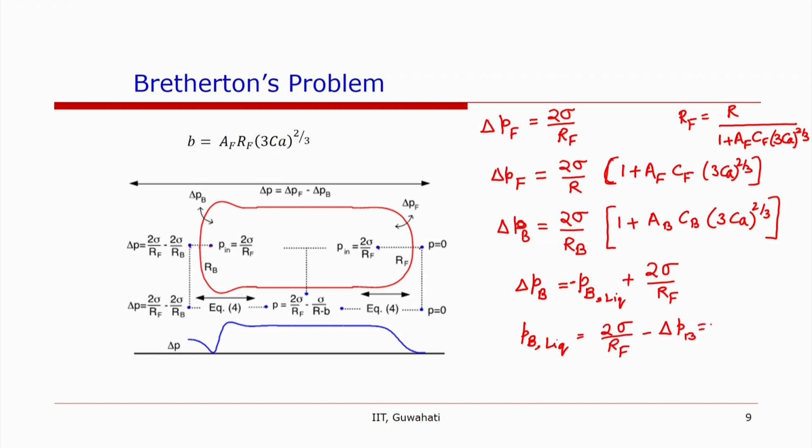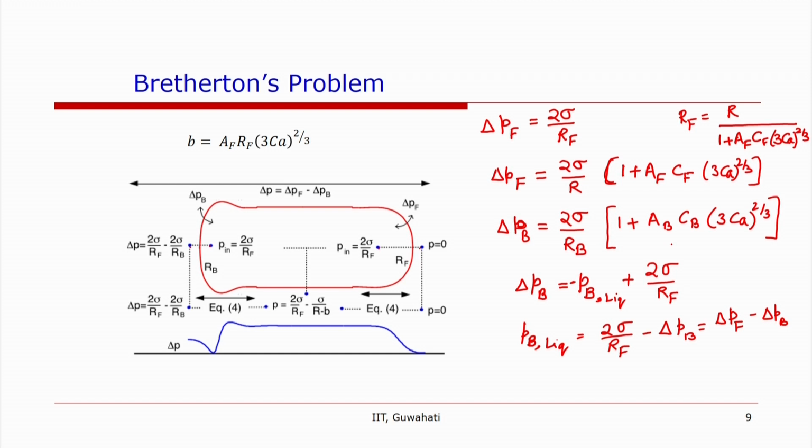So that is basically delta Pf minus delta Pb, and that will be the overall pressure drop from the back of the bubble to the front of the bubble. Okay, and one can find this out knowing Af, Ab, AfCf and AbCb. AfCf we already know. AbCb can also be found out, and is given in the paper by Cherukuri.